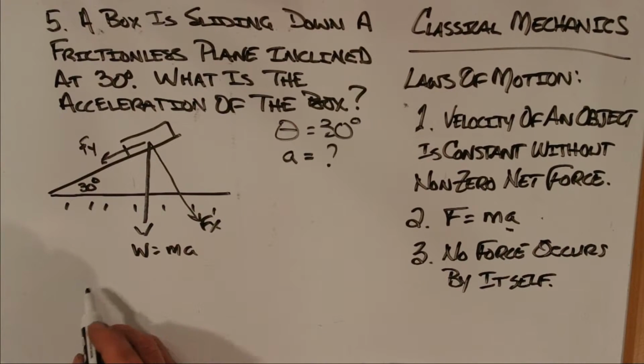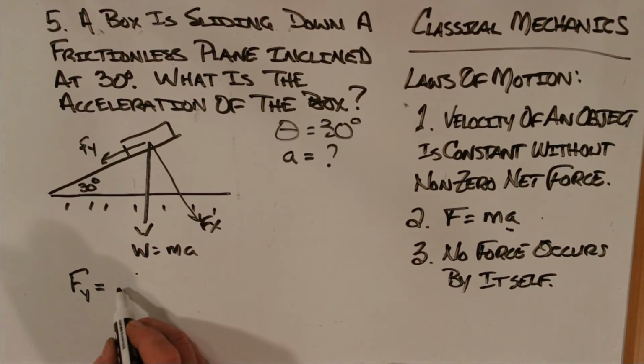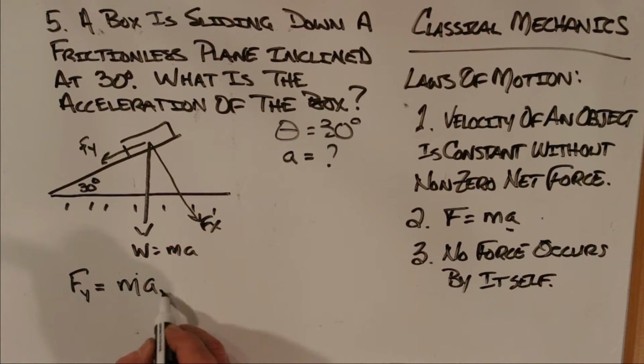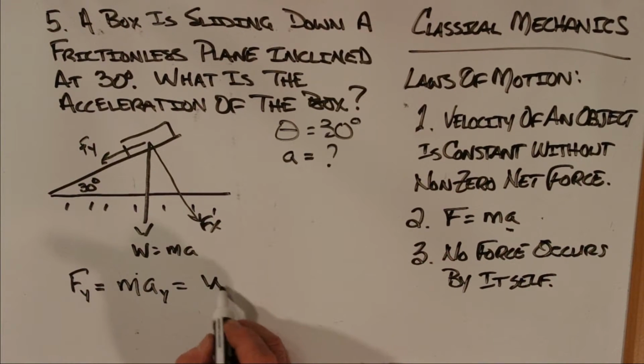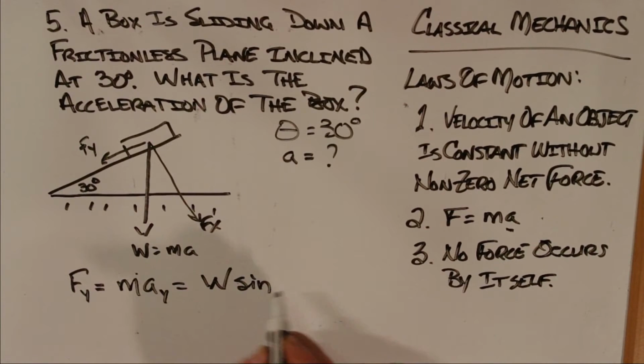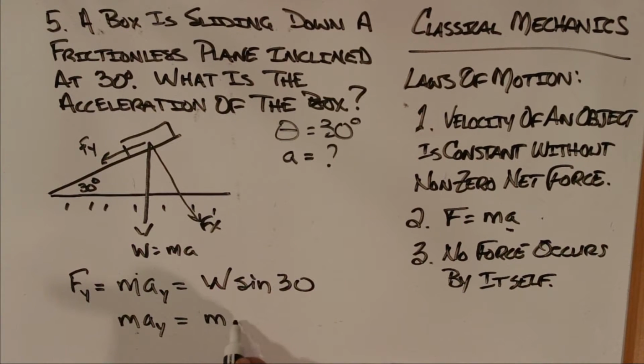It's the F in the y direction that we're interested in, because that's the force that's providing the acceleration down the ramp. And so the force in the y direction is mass times acceleration in the y direction, which is equal to W times the sine of 30 from an earlier problem set. W is mass times acceleration, so we have mass times acceleration in the y direction is mass times acceleration times the sine of 30.